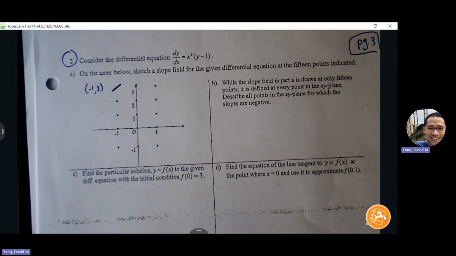So you have 2 extra sheets of it. Yeah. What else do you need for the test review?